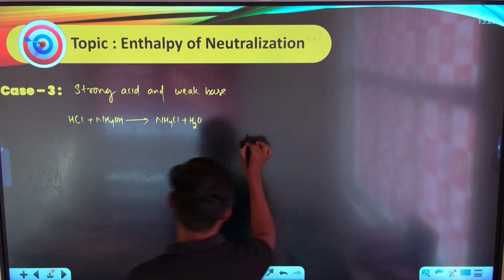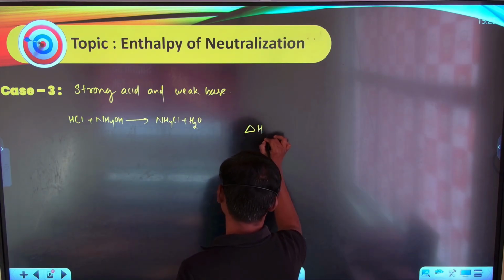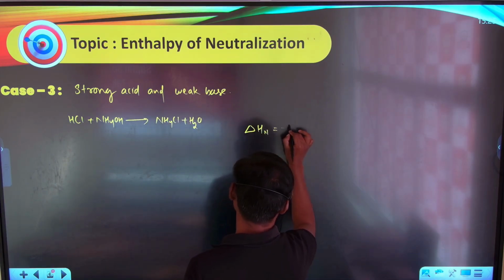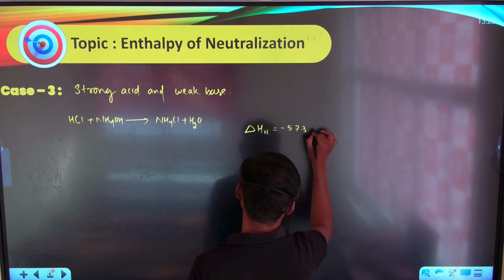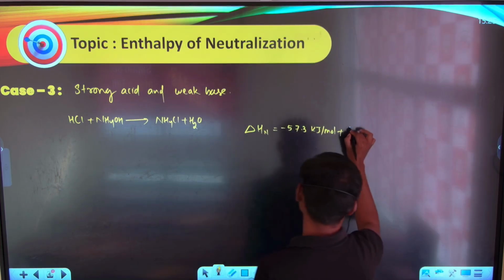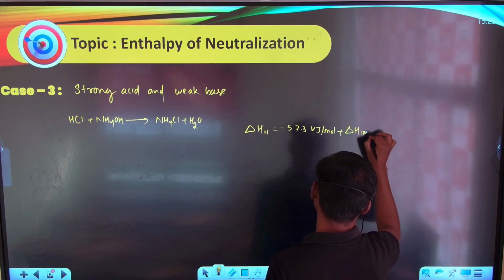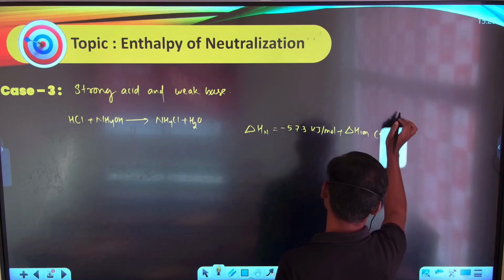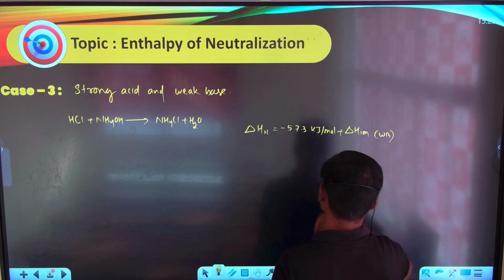For this reaction similarly we can write the enthalpy of neutralization will be minus 57.3 kilojoule per mole plus delta H ionization for whom? Delta H ionization for my weak component, that is the weak base.